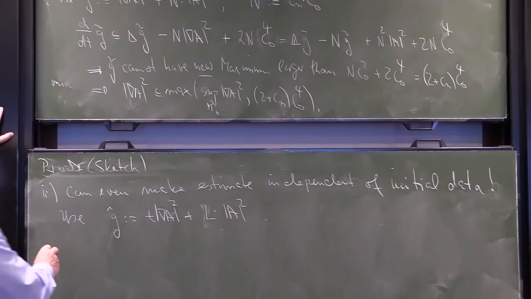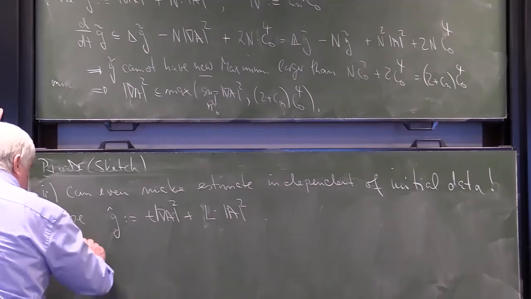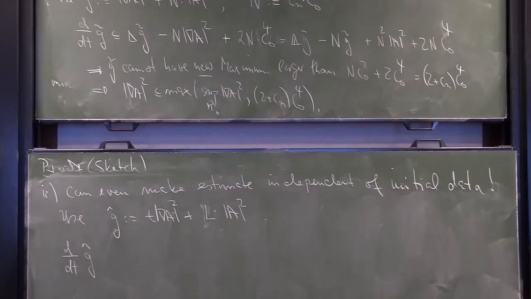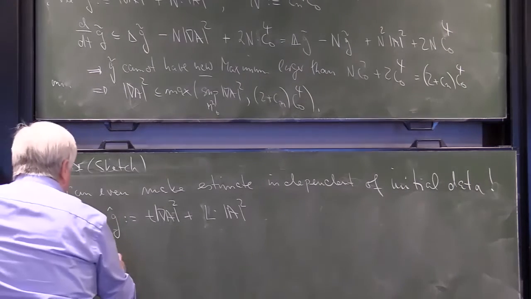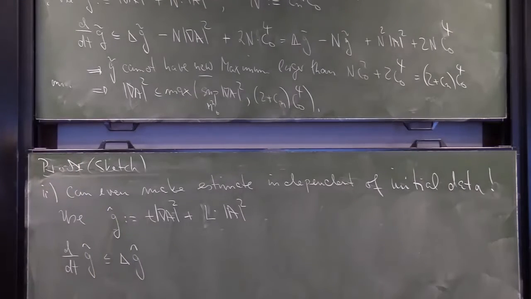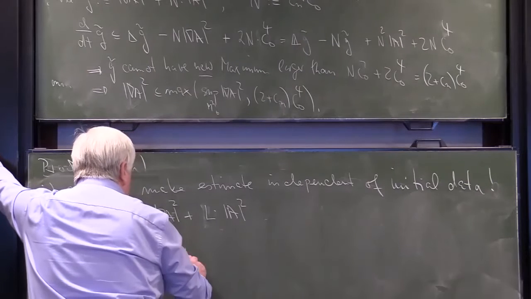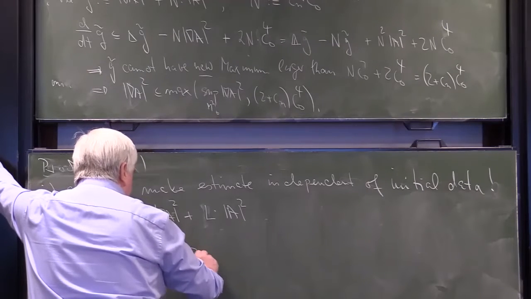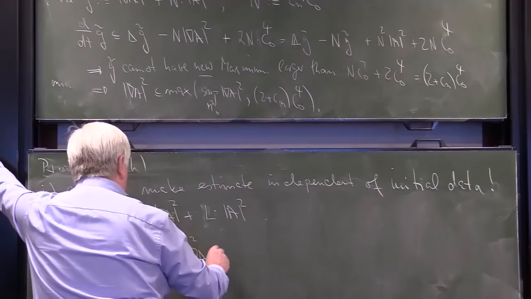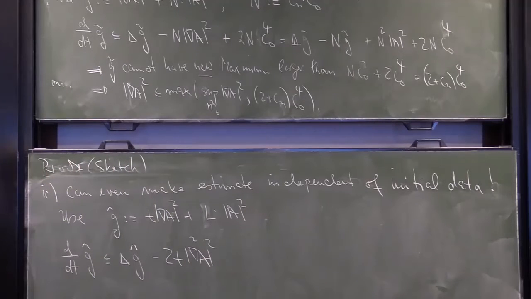And when you take the derivative of g hat, you get again that this is less than the Laplacian of g hat. And then from here you get minus 2t gradient second derivatives, which we throw away.